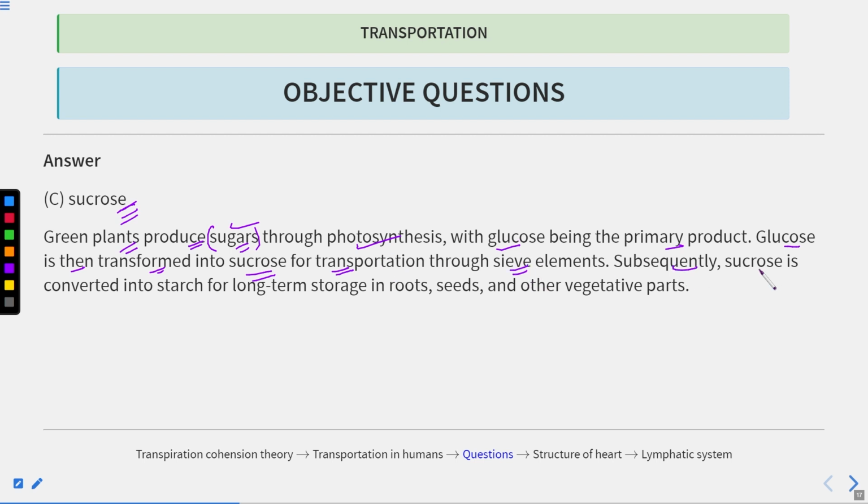Subsequently, the sucrose is later on converted into starch for long-term storage in roots, seeds and other vegetative plant parts. So, the reserve product or the storage product in the plants is starch. Okay, so initially glucose is produced, which is converted into sucrose and then sucrose is transported.